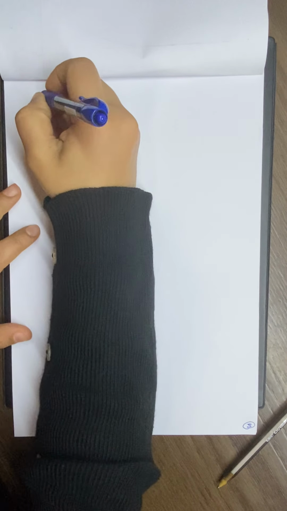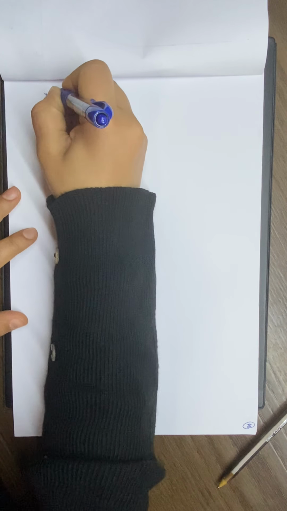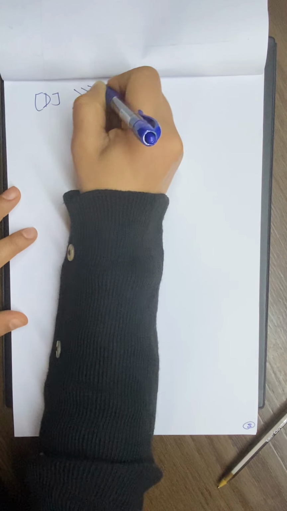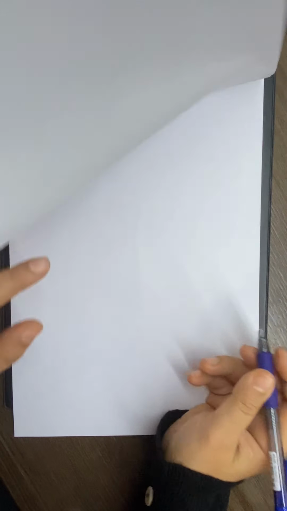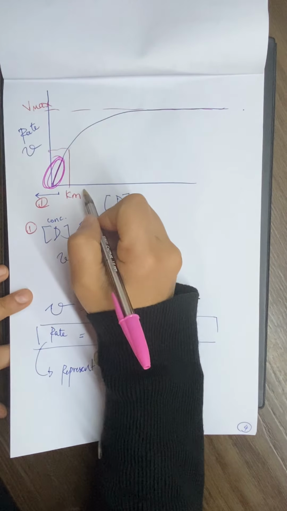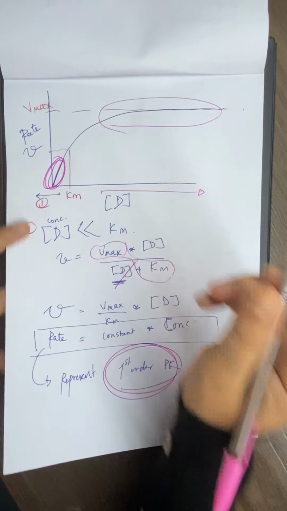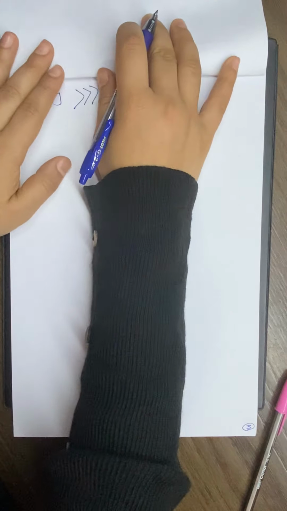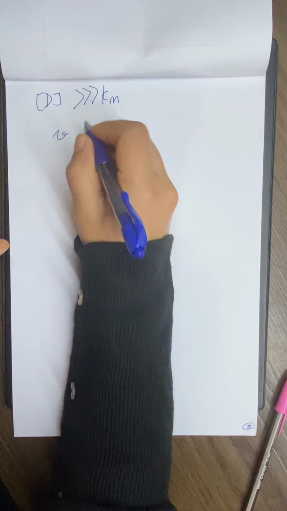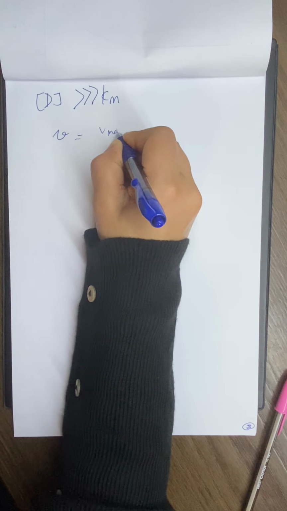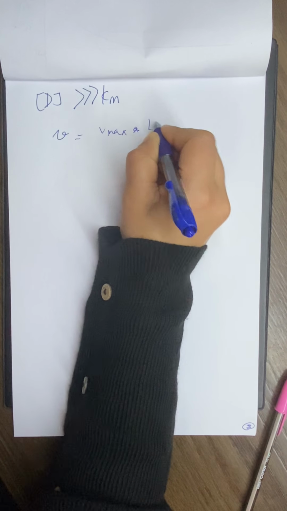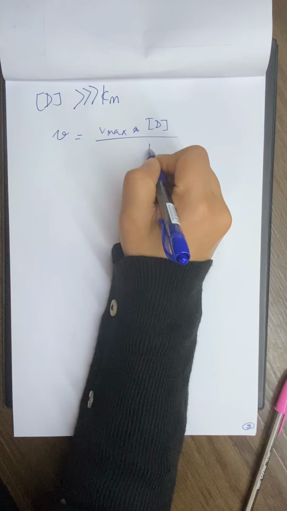The second case is when the dose, or the concentration, is higher than Km. If we go back to the Michaelis-Menten equation, it will be Vmax multiplied by the concentration of the drug.